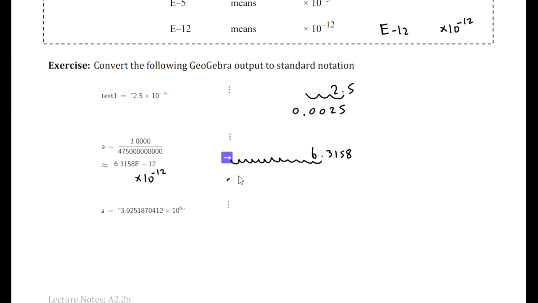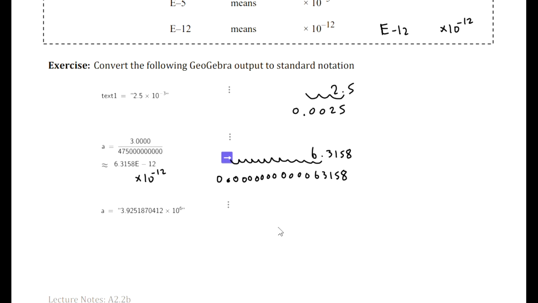So 0.000000000063158. You can see why scientific notation is often preferred, because it's easier to keep track of the digits. If you have lots of zeros, scientific notation is easier to keep track of those.